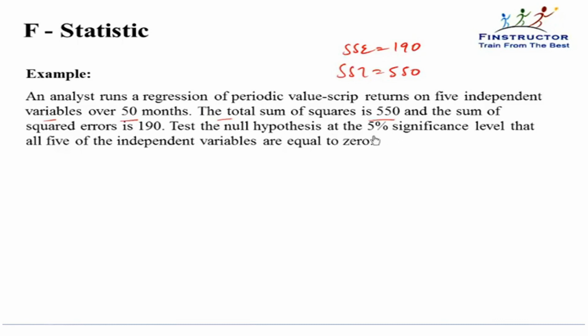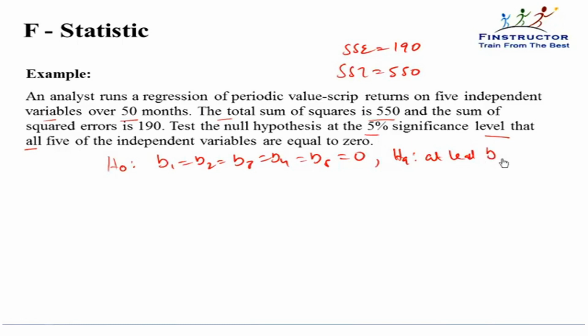Test the null hypothesis at the 5% significance level that all 5 of the independent variables are equal to 0. So the null hypothesis is structured as that all 5 independent variables are together equal to 0, and the alternative hypothesis would be structured as at least one is not equal to 0.